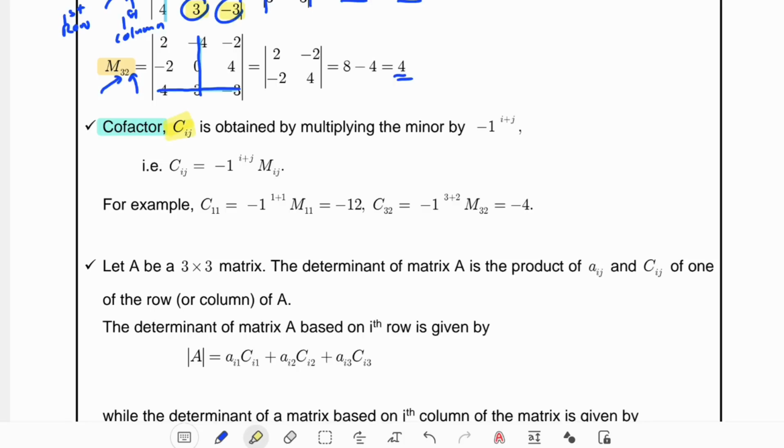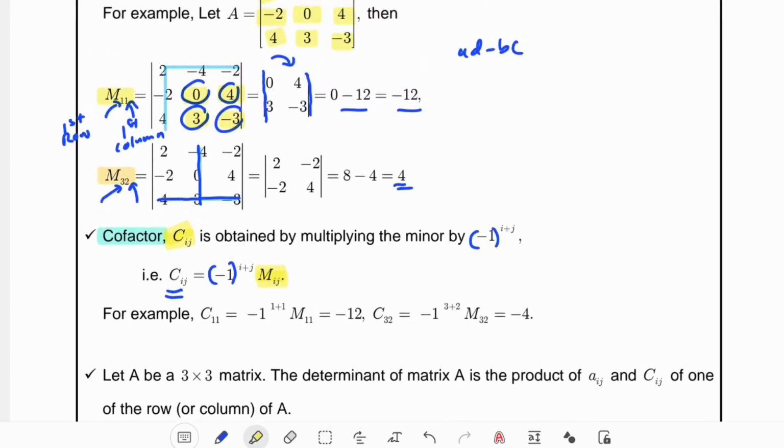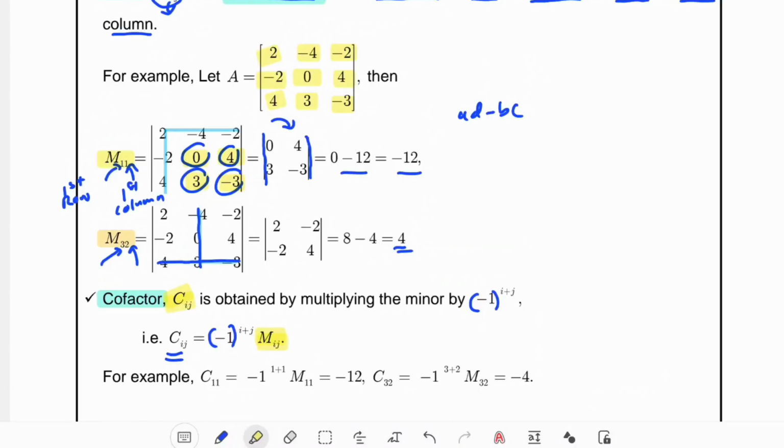Ij is referring to the numbers of rows and column, and it is obtained by multiplying the minor with negative 1 to the power of i plus j, which is Cij equals negative 1 to the power of i plus j multiplied with the minor. So, in order to find the cofactor, you have to find the minor. You need to know how to find the minor, which is what we have discussed before this.